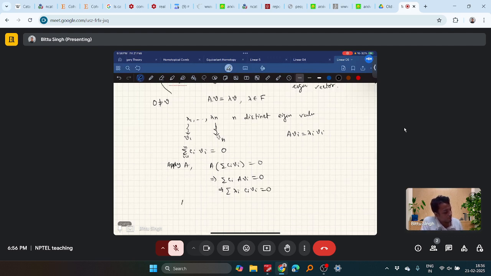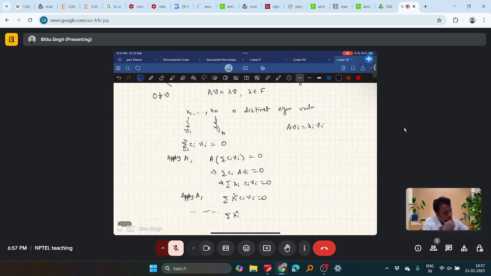Similarly, if we again apply A, we will get another equation: the sum of lambda i squared ci vi equal to 0. If we continue the process, finally we will get the sum of lambda i to the power n minus 1 times ci vi equal to 0.